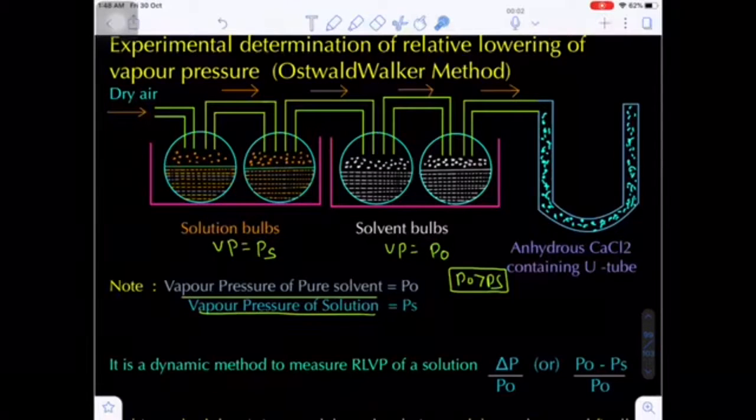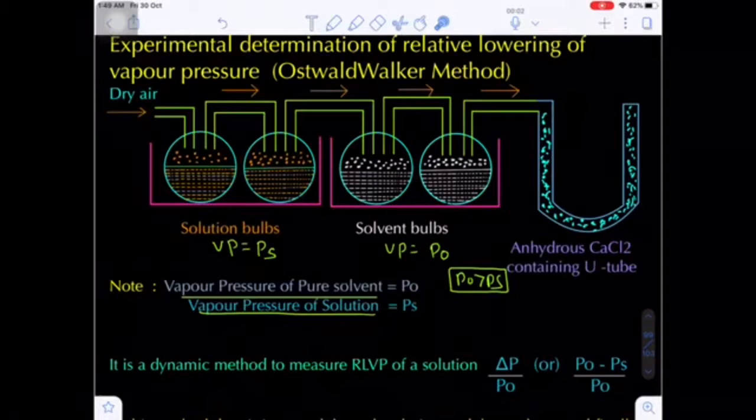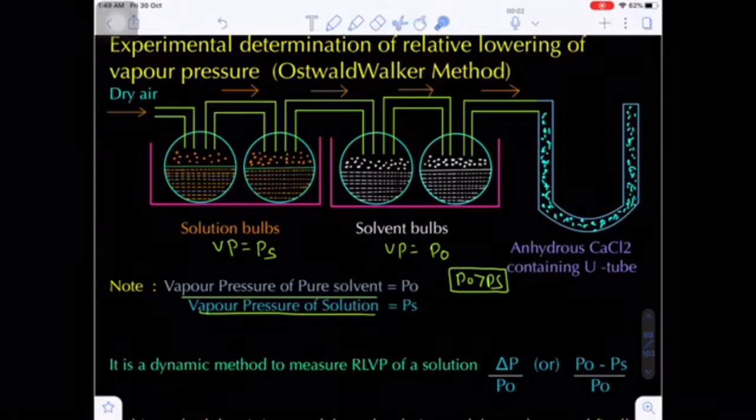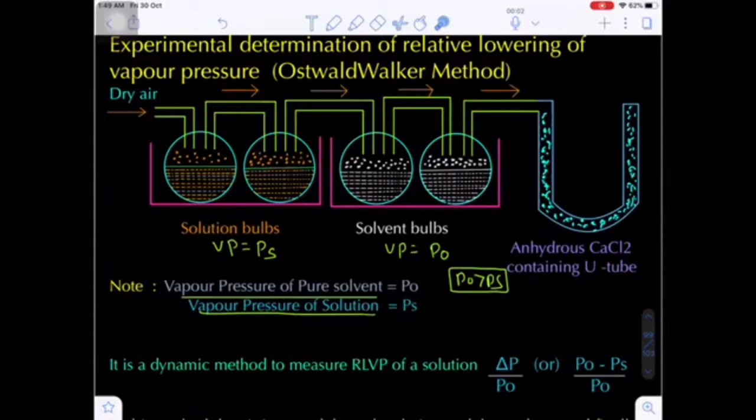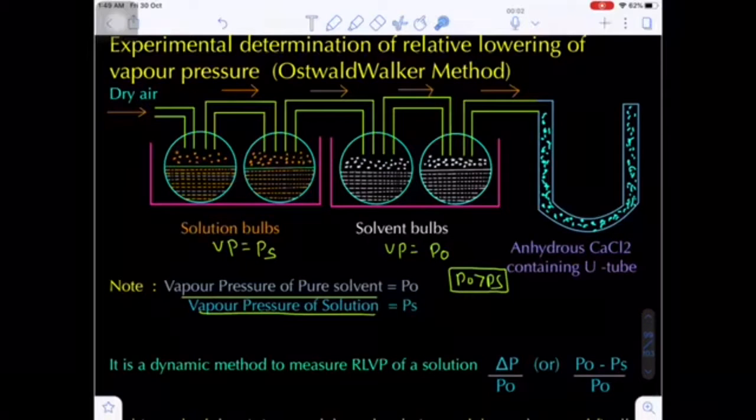Once again I am repeating, when a dry air is sent into any liquid or solution, then the dry air catches some vapor on the surface, due to which the weight decreases. The loss in the weight of a solution or a solvent is directly proportional to the vapor pressure. How much the vapor pressure decreases, that will be the loss of the weight in the solution or solvent. That is the key concept.